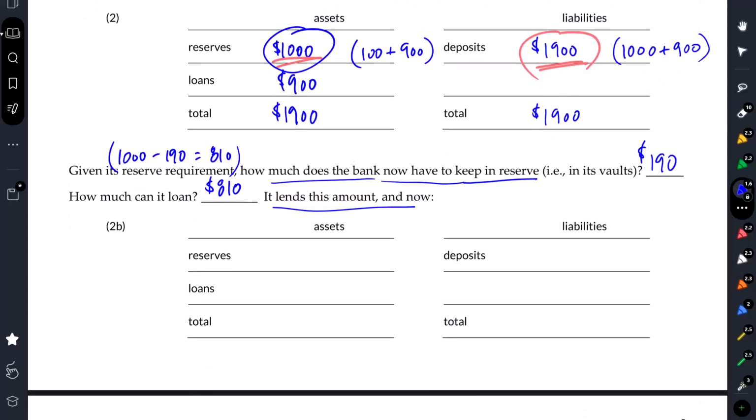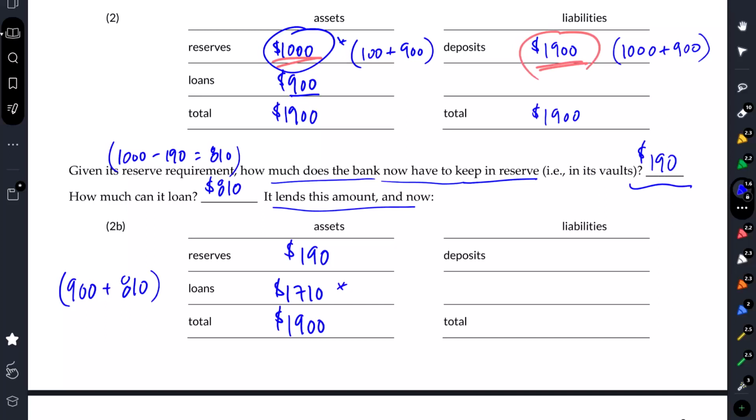Okay, so it lends this amount. Now its reserves are going to go to 190. That is what we figured out over here. Its loans are going to increase to, let's see, loans were 900. They've just made an additional $810 in loans, and so loans are now at $1,710. This is going to total still $1,900. We've just moved money from reserves down to loans.